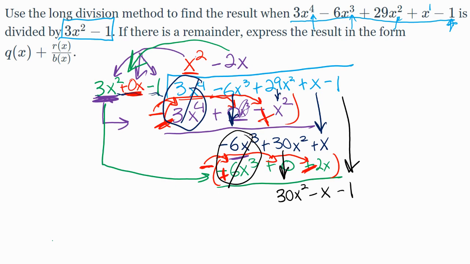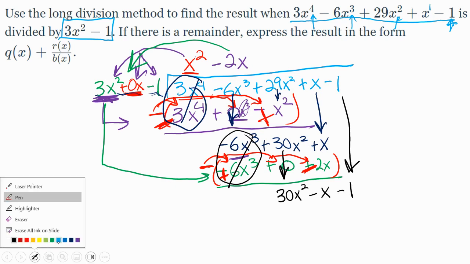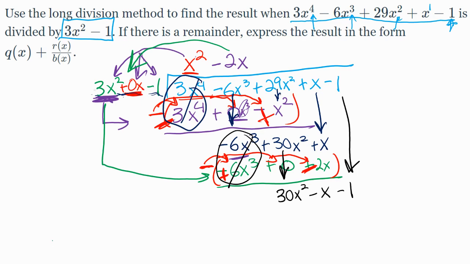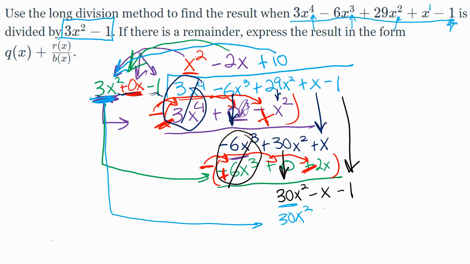And then we look one more time and ask ourselves, what do we multiply 3x squared by to get 30, and that's 10. So 10 distributes over here. 10 times 3 gives me the 30. So I get 30x squared, 0, and then plus 0, and then minus 10.